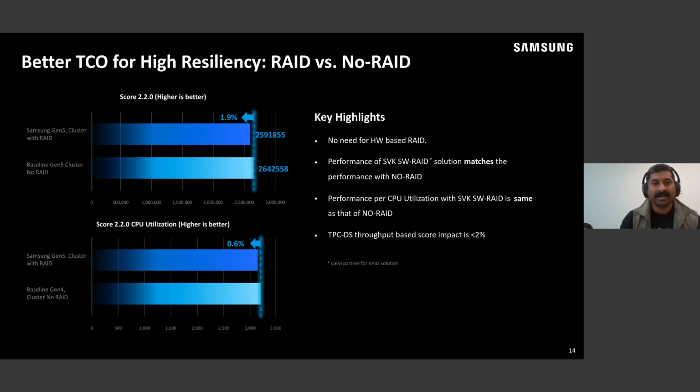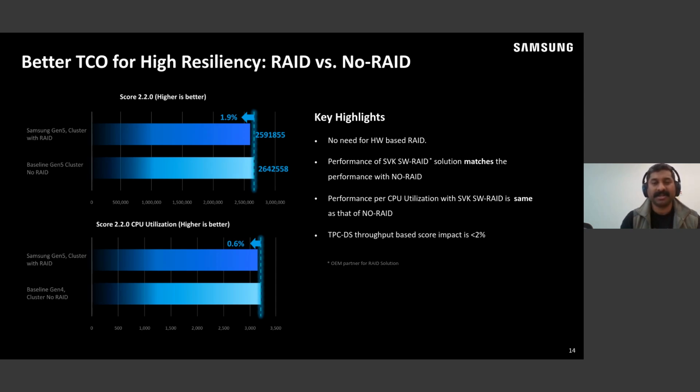And so you use the software just like an installer, right? Just a software kit, and you configure your RAID type, and you're all set with no impact on CPU. And the performance is very near to no RAID itself. And there's no RAID controller, no hardware. There is no RAID controller. This is a pure software solution.